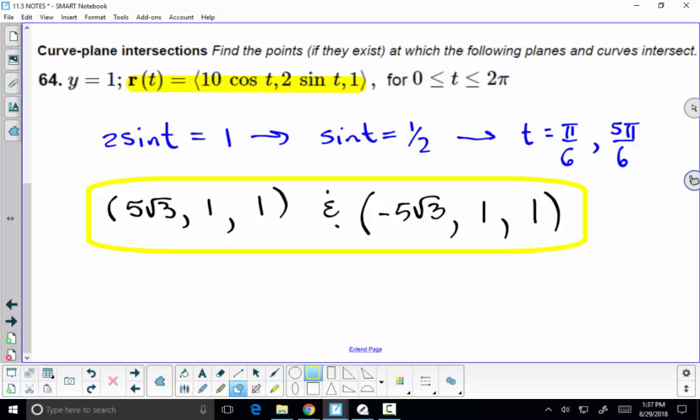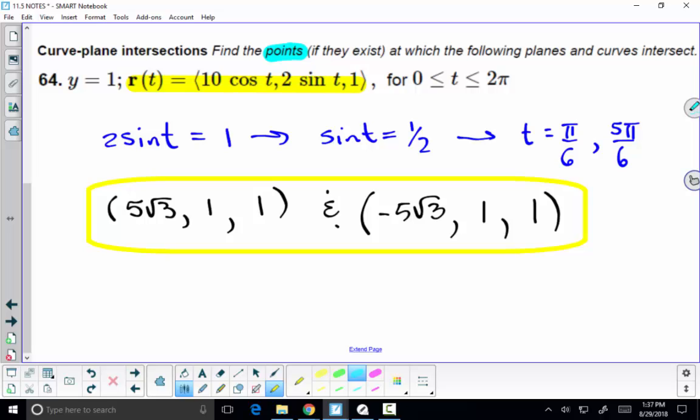Why are those not in like a vector thing? So we're finding points, we're finding ordered triples. The idea with a vector valued function is that the vector is pointing to an ordered triple. It's the tip of the vector that's the ordered triple, the point that we're looking for.